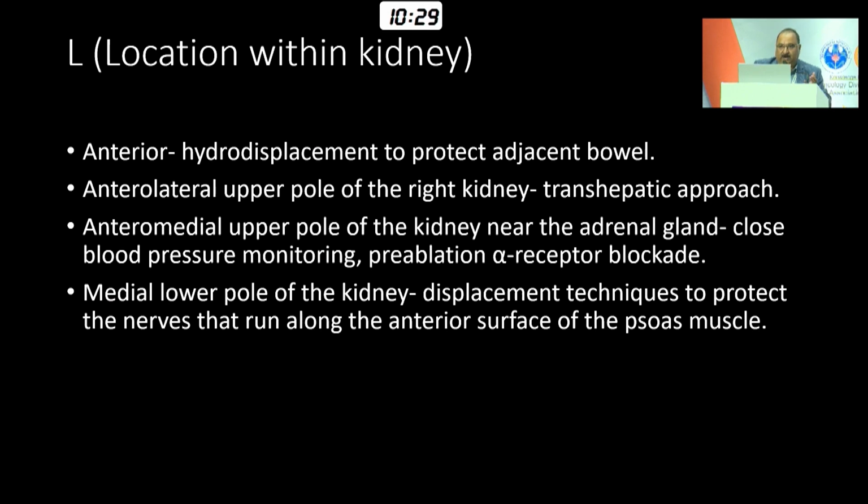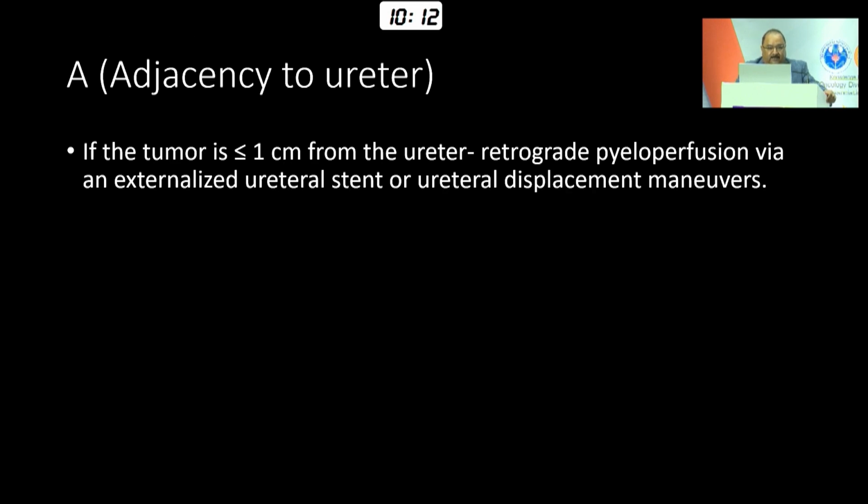Then we might do a transhepatic approach, or put the patient on alpha receptor blockade if it is close to the adrenal, and if it is close to the psoas, then we have to do a suppression technique to protect the nerves there. If the tumor is very close to the ureter, we might consider pyeloperfusion to cool the ureter and decrease thermal injury.